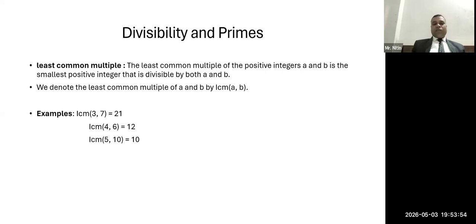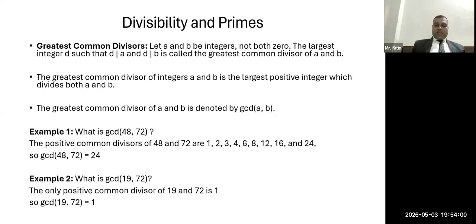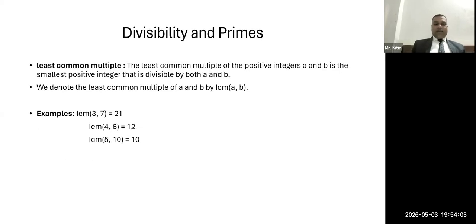One more example, LCM of 4 and 6. It is the least common multiple of these two numbers, 4 and 6. How are we going to find it? The first multiple of 6 is 12. Does this 12 come in the table of 4?